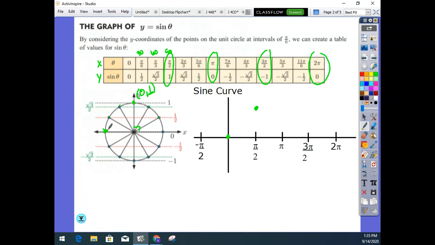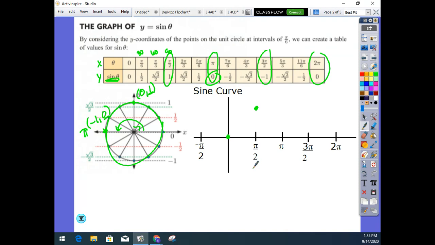If I open it all the way up to 180 or pi, the coordinate is negative 1, 0, so my y coordinate is 0. I'm matching everything from the unit circle and putting the sine value in for y and graphing it.